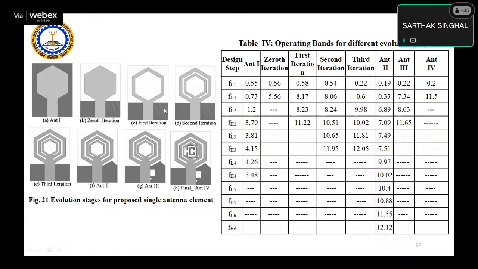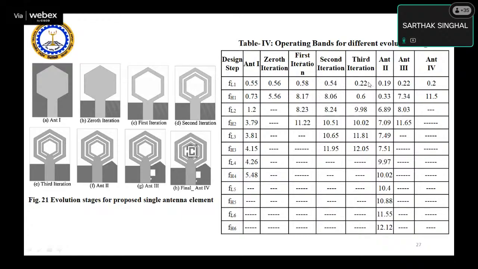Now, when this first iteration was loaded with another ring, there was a slight reduction in the bandwidth of the first band and the second band also, but another band was generated, which is from 10.6. So this second band was subdivided into two bands in the second iteration.